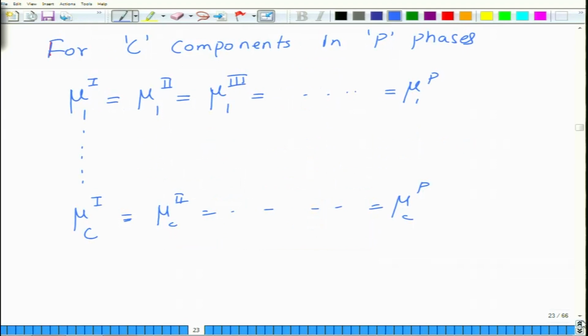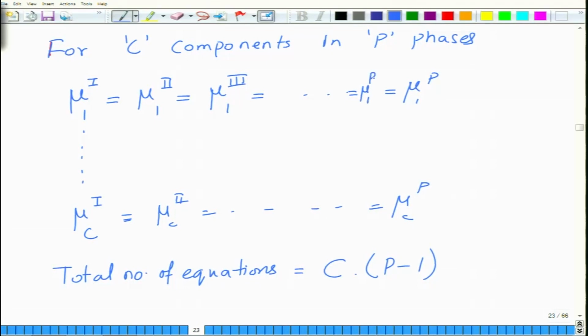And from this, since we are writing for C components in P phases, the conditions are mu 1 is equal to mu 1 P, and this is for all the C components. The total number of equations is equal to the number of components C multiplied by P minus 1, because by equality, if you know up to mu 1 P minus 1, obviously the Pth is known.